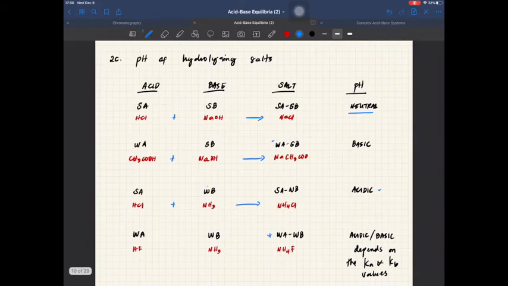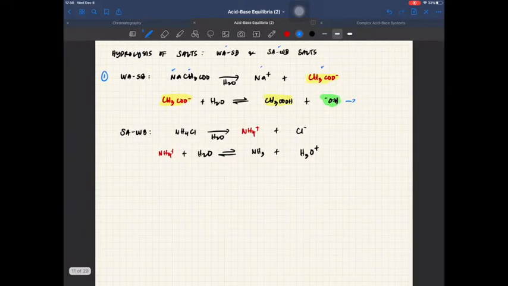So here, salts of strong bases and weak acid produce basic solution for the reason that there is an excess hydroxide that is produced after the hydrolysis of the salt. Hydrolysis is just the reaction with water. Water is reacted by the conjugate base. This one is a conjugate base, and therefore it produces acetic acid and hydroxide ion.